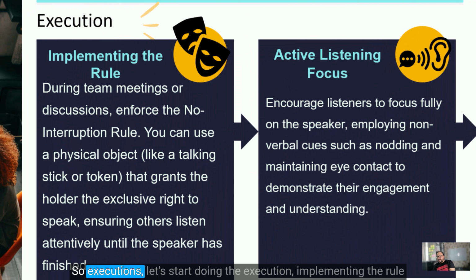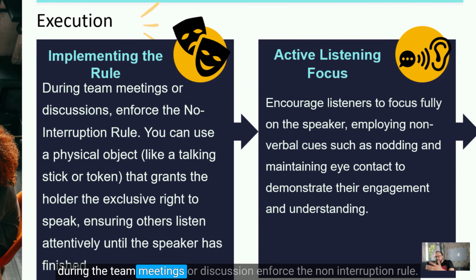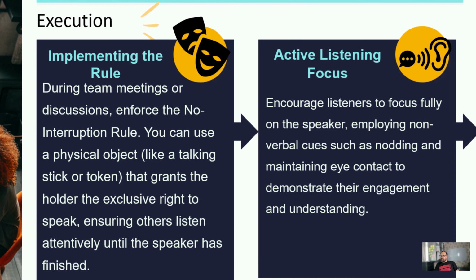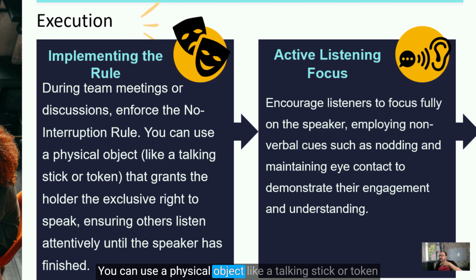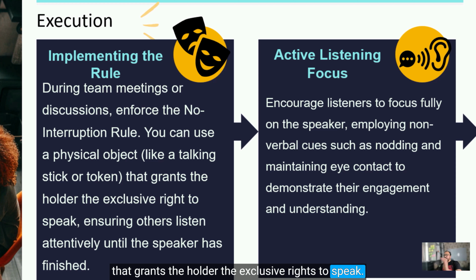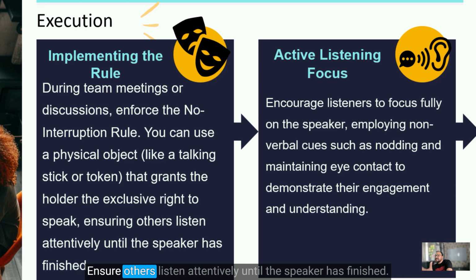So, executions. Let's start doing the execution, implementing the rule. During the team meetings or discussions, enforce the non-interruption rule. You can use a physical object like a talking stick or token that grants the holder the exclusive right to speak. Ensure others listen attentively until the speaker has finished.